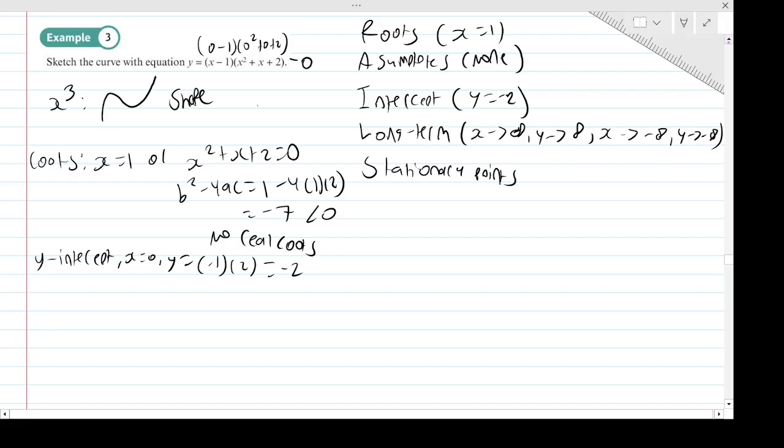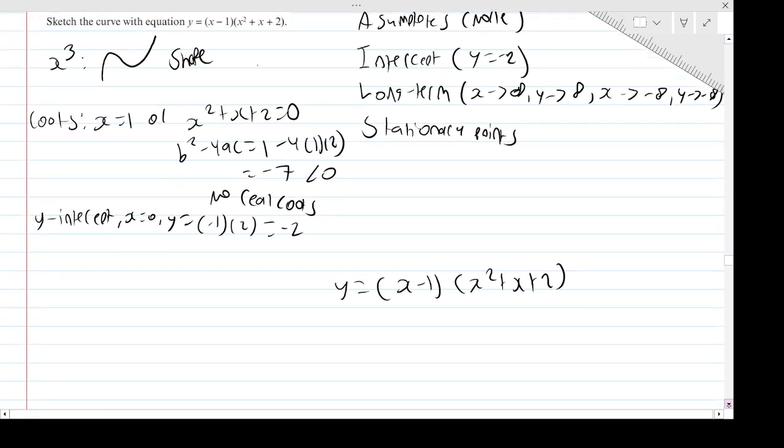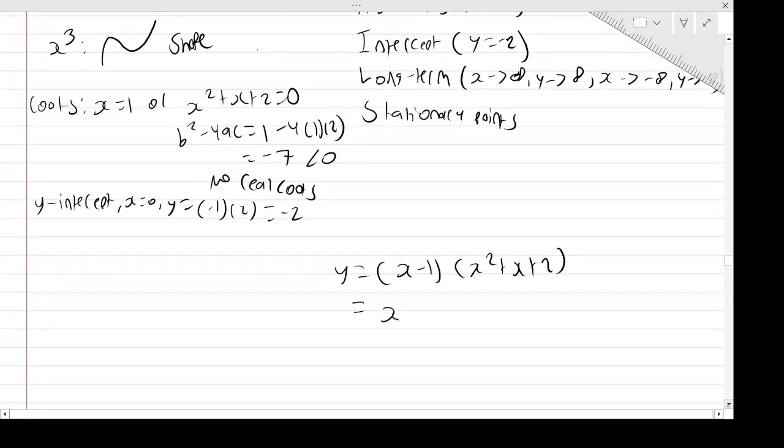So we know that y is equal to x minus 1, x squared add x plus 2. Well, firstly, if we are going to differentiate, we need to expand those brackets, right? So, if we expand these brackets, it's going to be x cubed add x squared add 2x, take away x squared, take away x, take away 2. And we can simplify, so we're going to get x cubed add x squared, take away x squared, that will go away. 2x take away x goes to plus x minus 2.